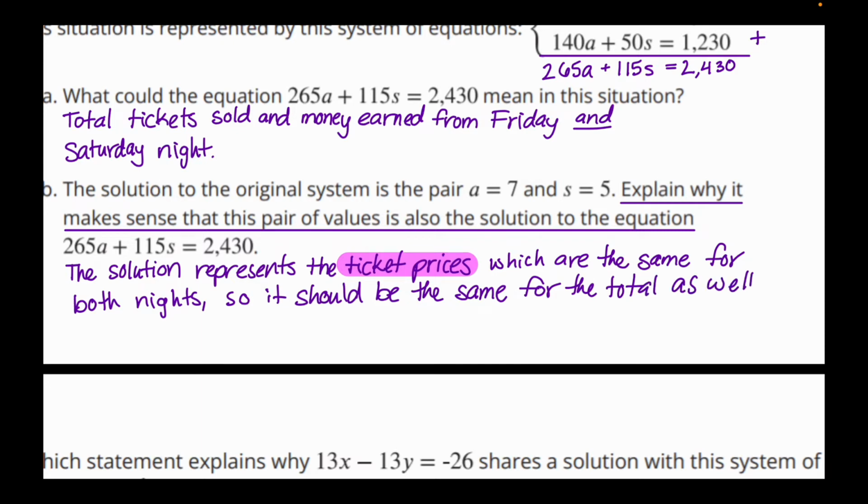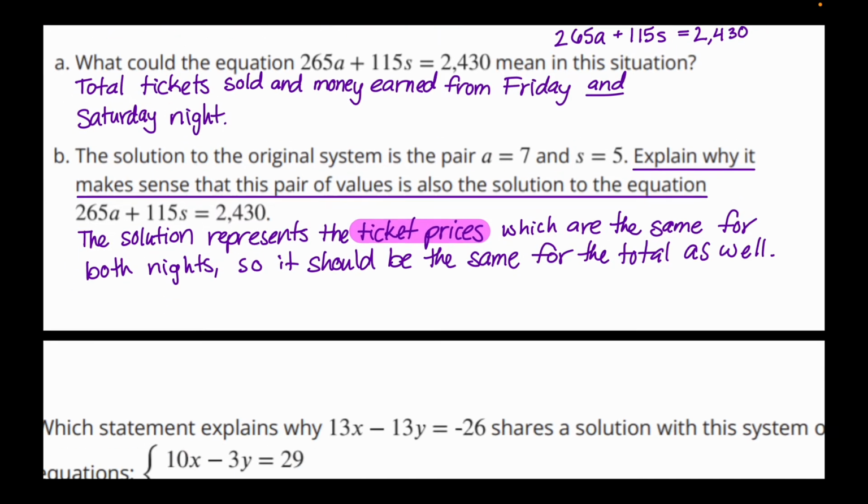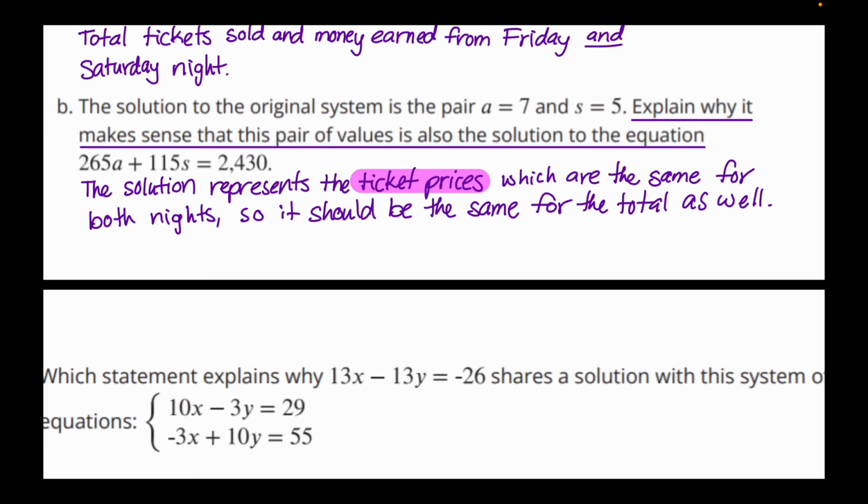I'll say the total as well. And there we go. That's why I think that it makes sense that it's also a solution to that equation, because that equation just represents the total of tickets they sold on Friday and Saturday, all put together. And those prices aren't going to change, so plugging in those prices should also make this equal. That's going to bring us then onto the next page.